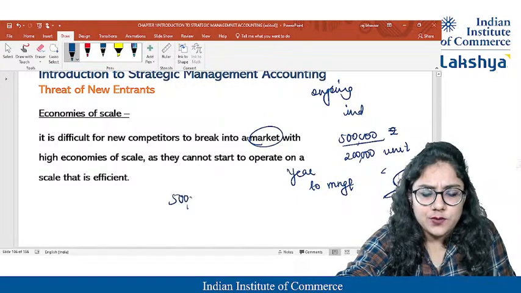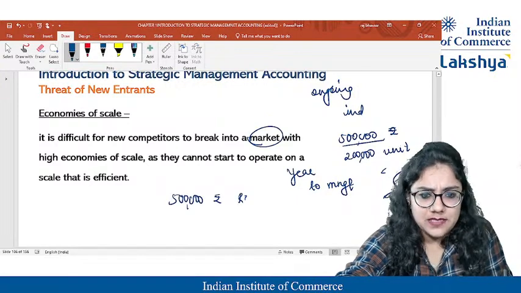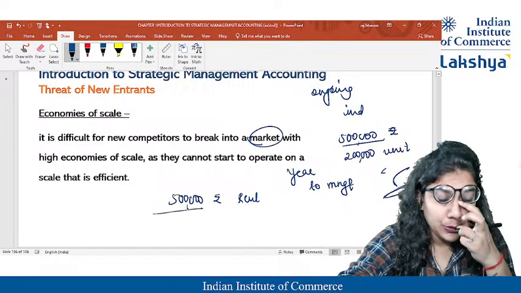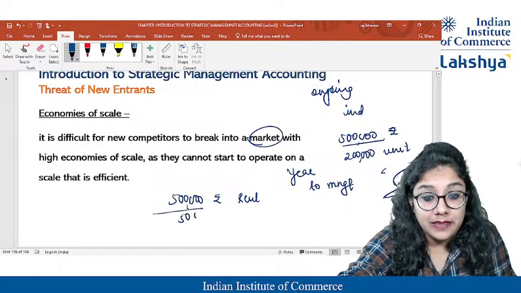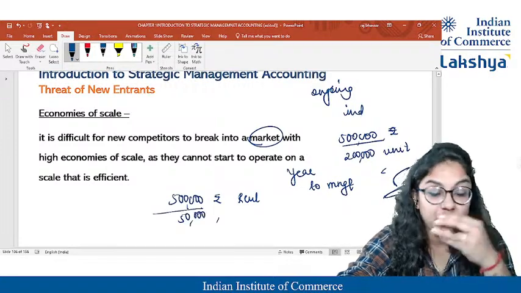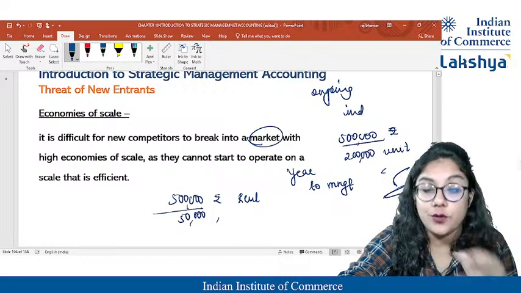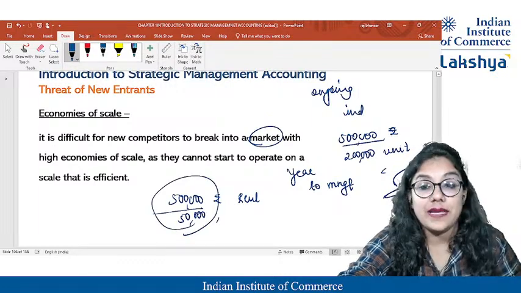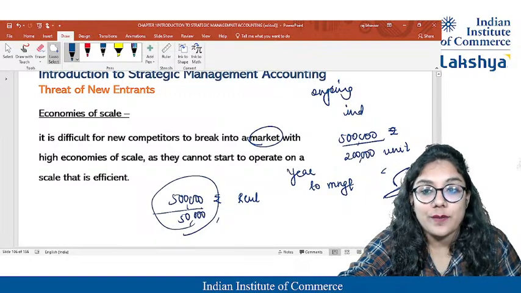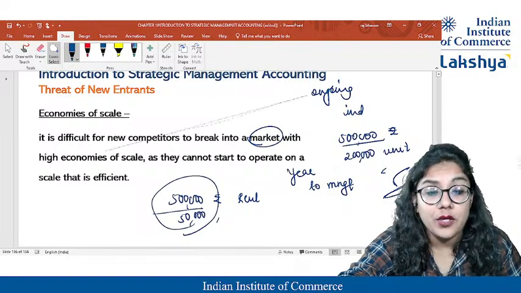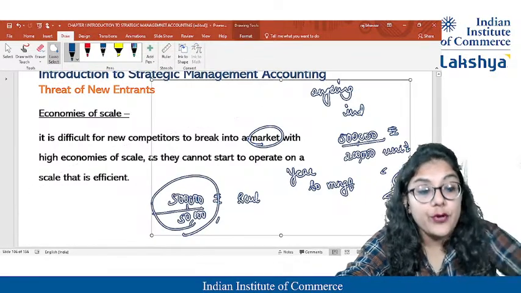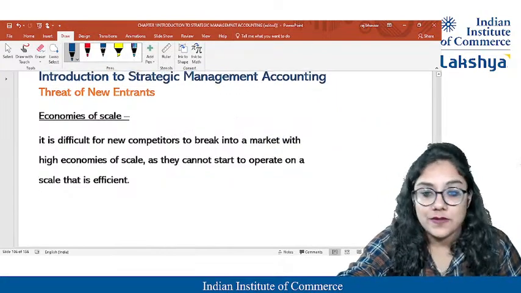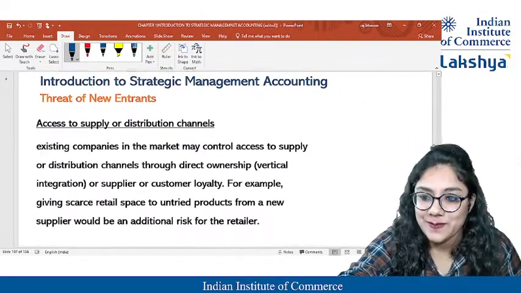Maybe the cost is 5 lakhs only for the rent, and you are able to create only 50,000 units. Your per unit cost will be more, because we have not achieved economies of scale. It means we are not able to maximize our production till now. So yes, that can also be a situation.